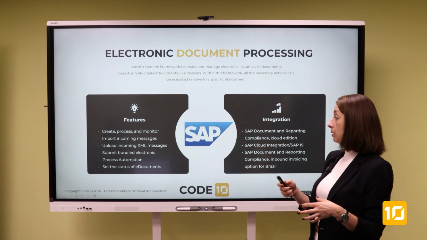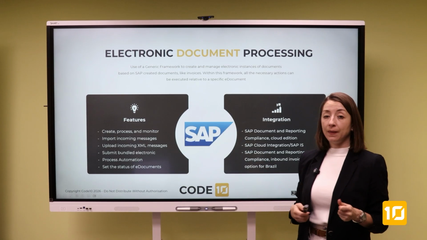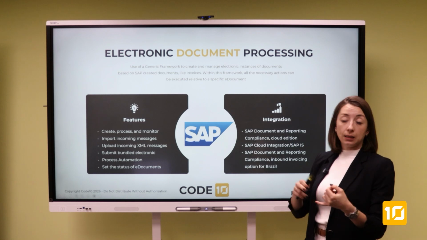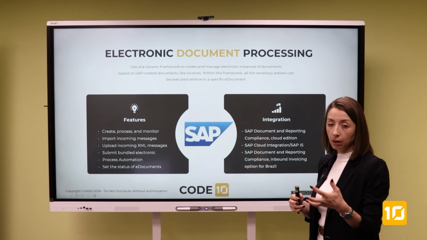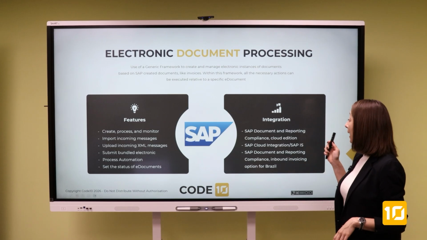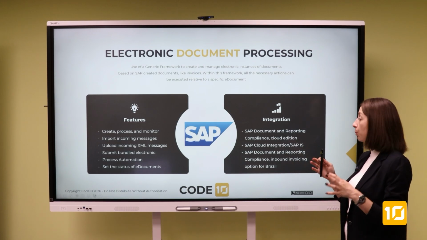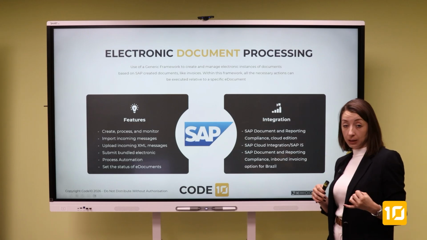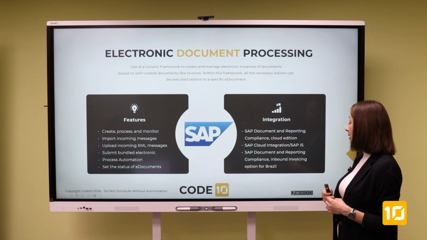And then we have the integration part, right? We discussed that we have all these processes and documents in SAP, but then we need to integrate and connect our SAP system to the tax authority, to a business partner, to an intermediary, to a customer directly, or whatever it is. So the integration part can involve different components. We can have the Document and Reporting Compliance cloud edition, which is the latest offering from SAP in this sense.